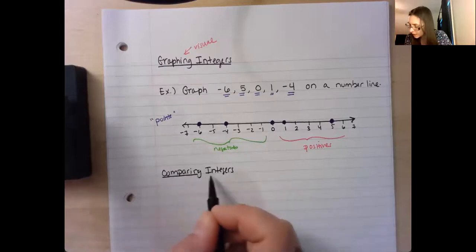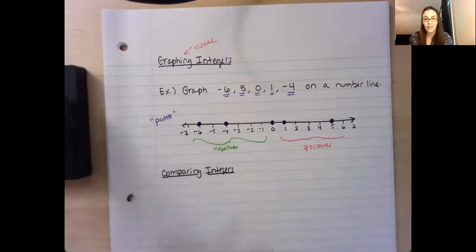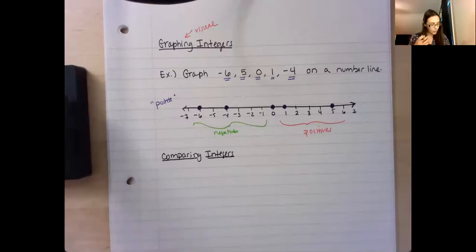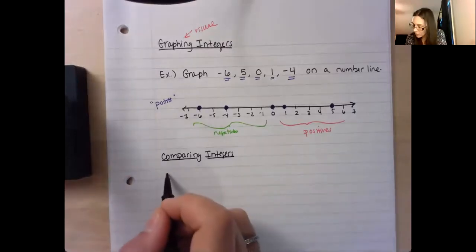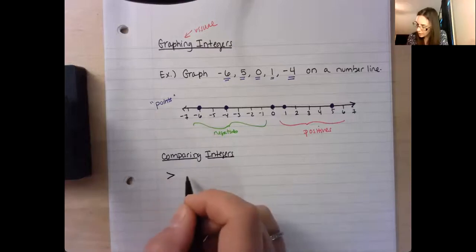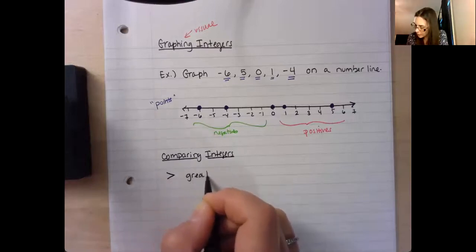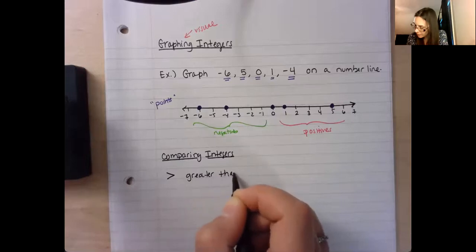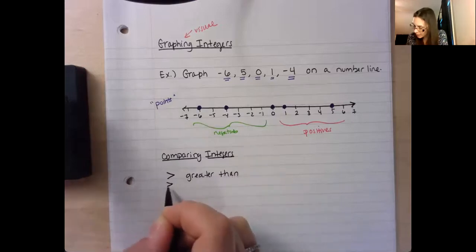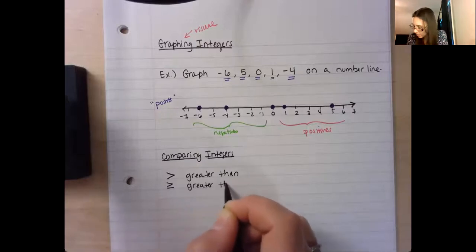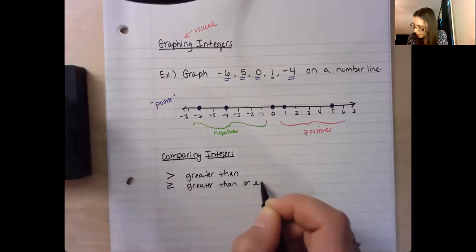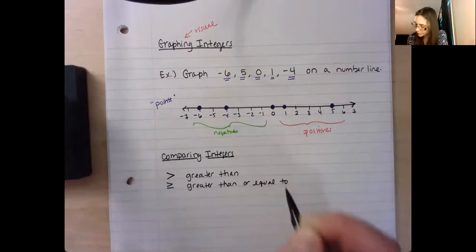And the number line is really nice too, because it also allows us to compare integers. So let's go through a couple just definitions here for a second. So just to recall that this symbol here is the greater than symbol. And this symbol here is greater than or equal to.